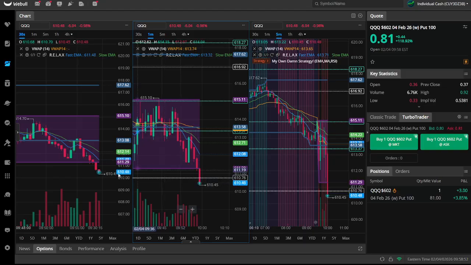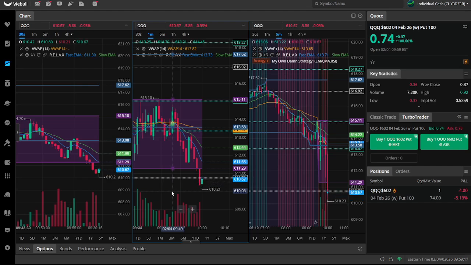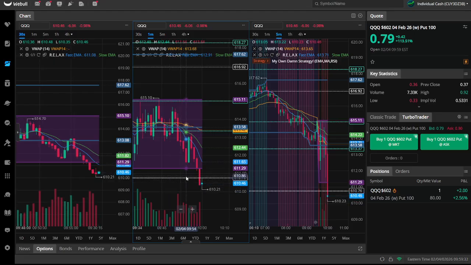Price action could change, but when all three of these time frames are in agreement, it tells me that I'm probably on the right track. It appears to respect this level.